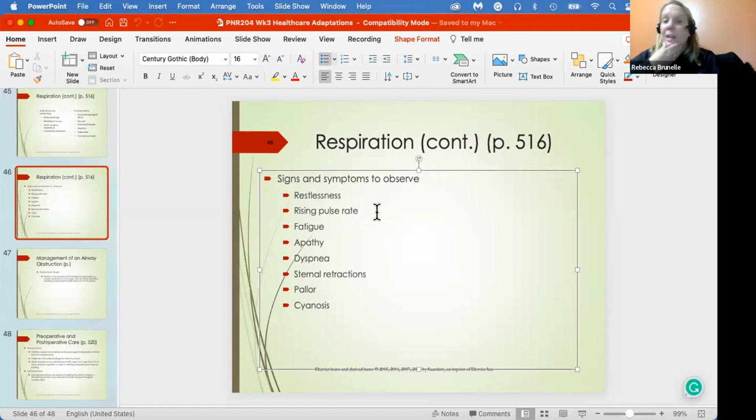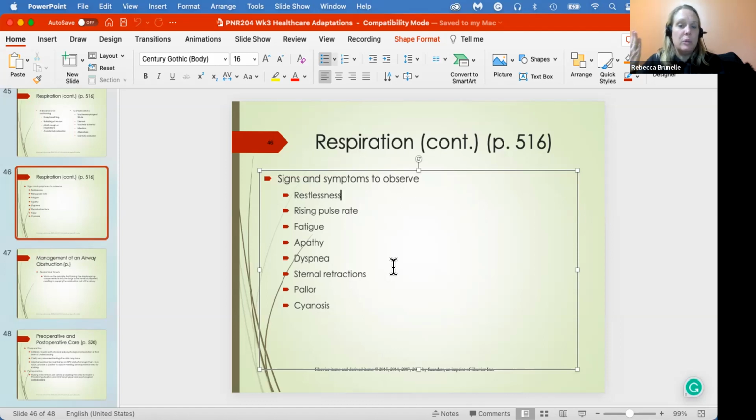Also, just getting a faster heart rate. We talked about the fact that kids in general have a faster heart rate, but if you have your baseline, like your kid came in and his heart rate was 100, and then you notice that it's getting faster and faster and faster, that could be because they're having a hard time breathing. Sometimes they'll get fatigued. This is going to be later, like the fatigue and not moving around as much, that's a later sign. And then we talk about retractions.